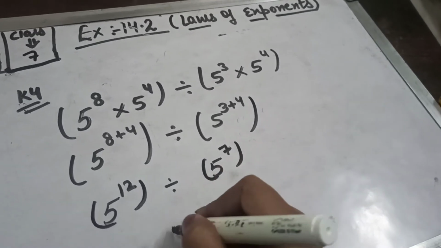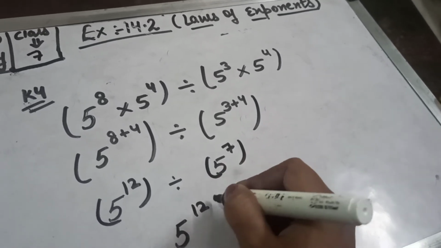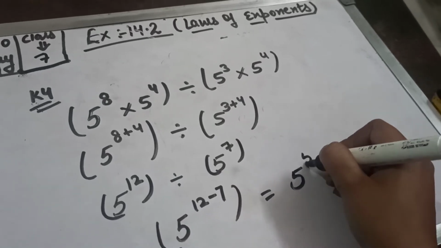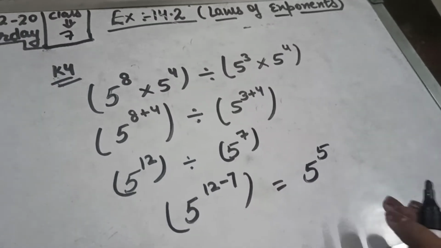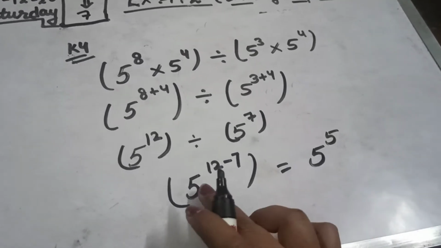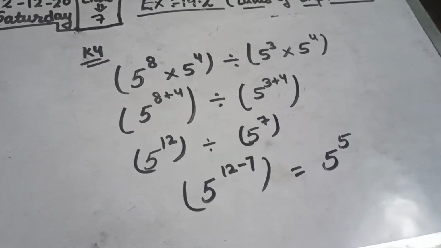Now the base is same, so that is 12 minus 7, which is equals to 5 to the power 5. Clear? How does it come? 12 minus 7 is 5, so 5 to the power 5.